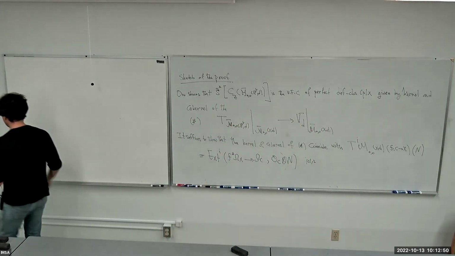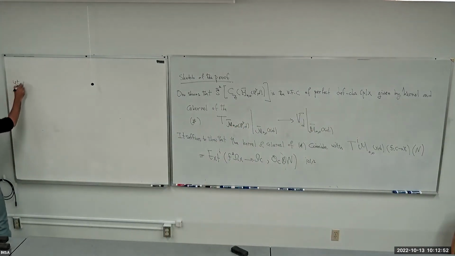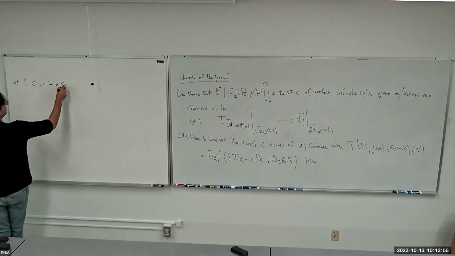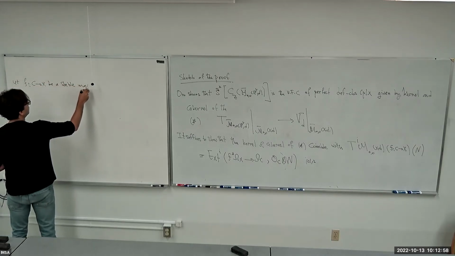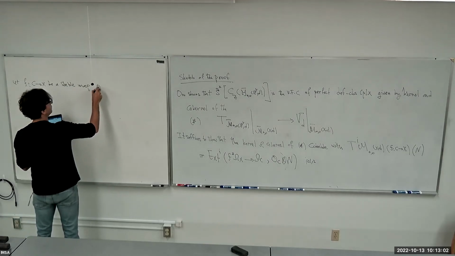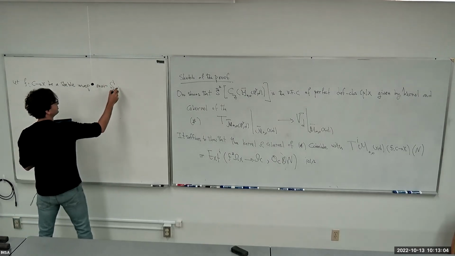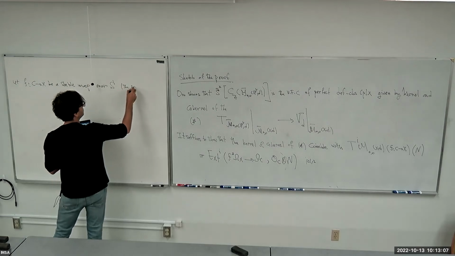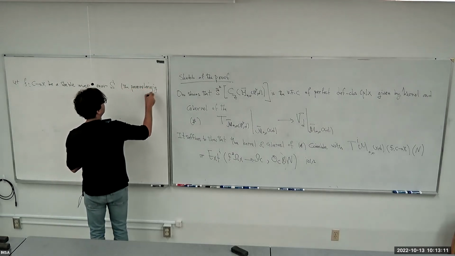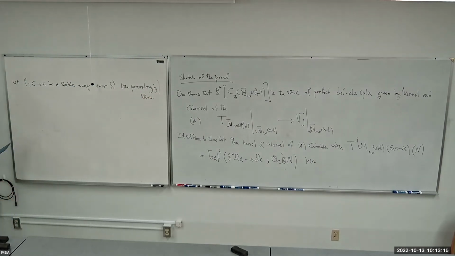So let f from C to X be a stable map over S, the parameterizing scheme. So it's a family of stable maps.